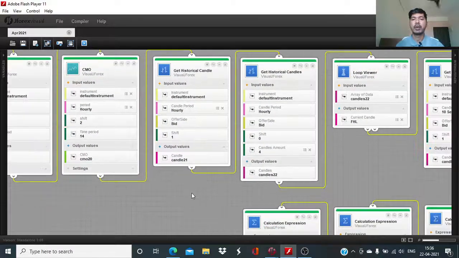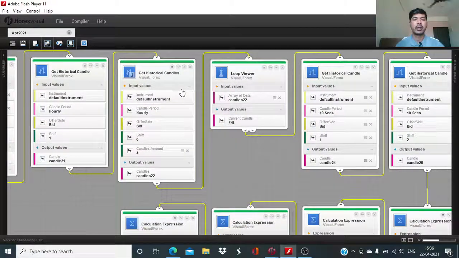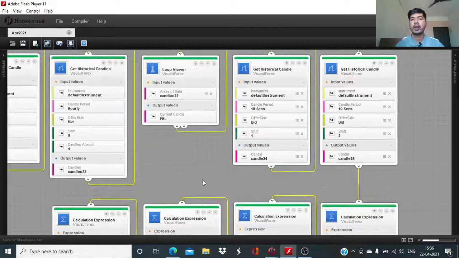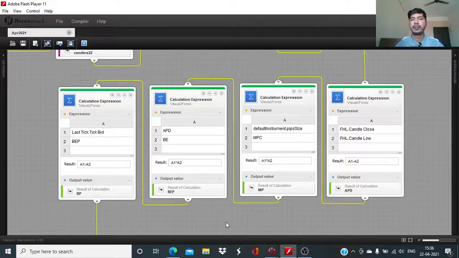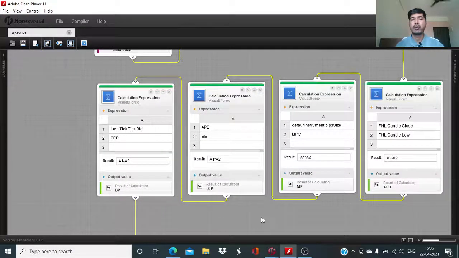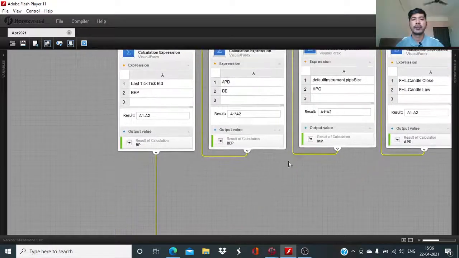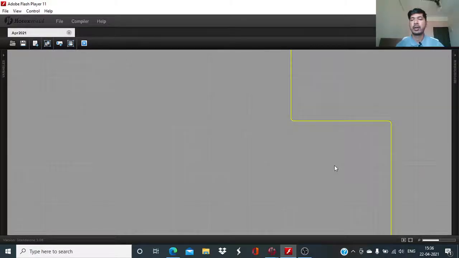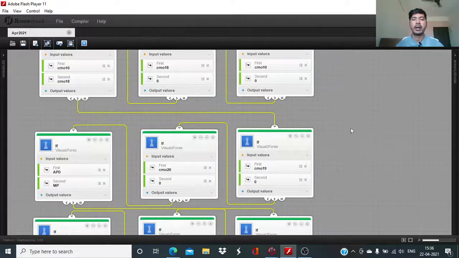And to look at the price volatility, these get historical candle blocks of the hourly time frame, along with these candle clusters of 4, also of hourly time frame, were brought in. After that, these calculations were carried out to define certain conditions, and accordingly the conditions were set for the execution of the buy trade.